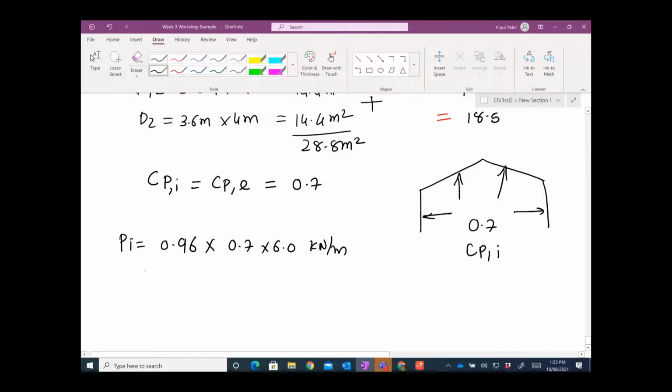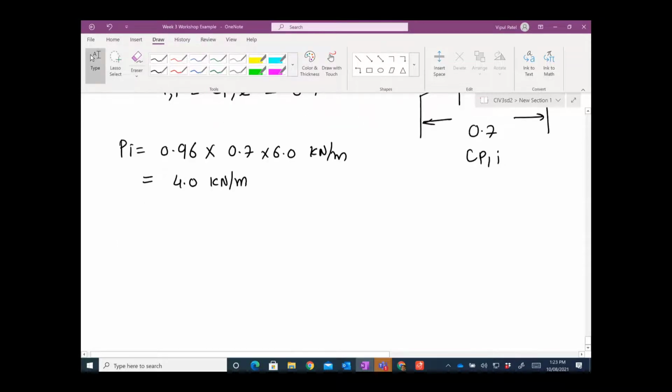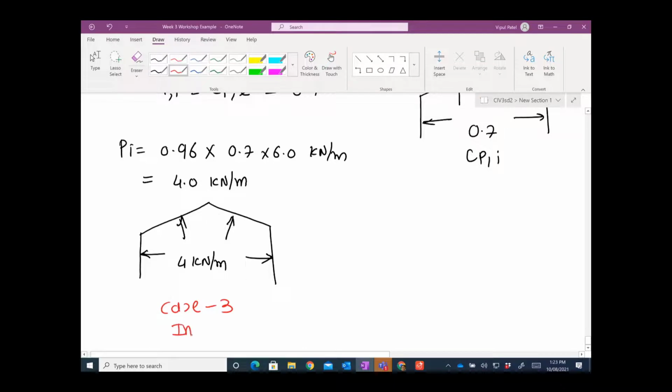Then if you work it out, that internal pressure would be 4 kilonewton per meter, right? So if I draw it up here, the UDL load on the frame would be 4 kilonewton per meter. Let's say this is case number 3, coming from internal pressures.